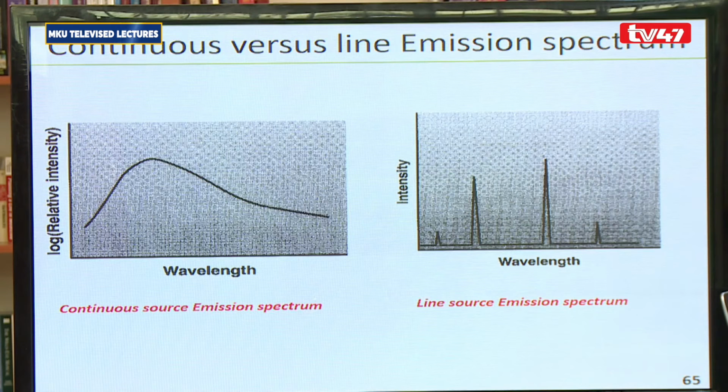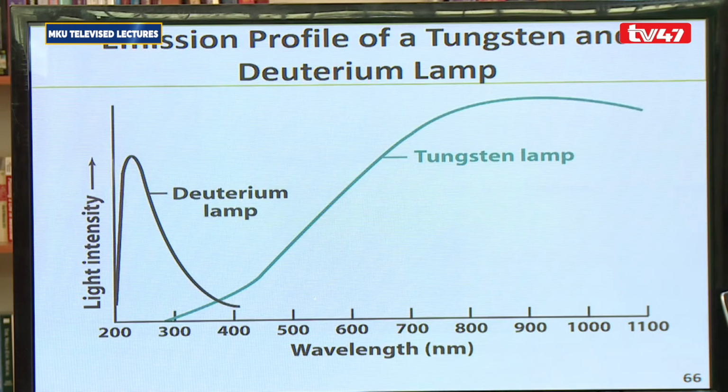Again, just to remind ourselves of the output of a line source, discrete lines, the output of a continuum source, you get a broad spectrum. And now looking at the output of a deuterium and a tungsten lamp, the deuterium is going to give you output in the UV region.